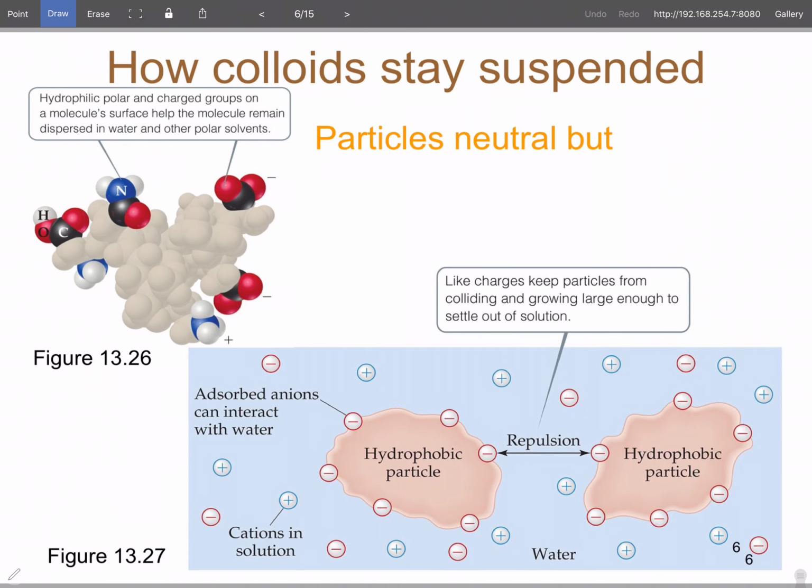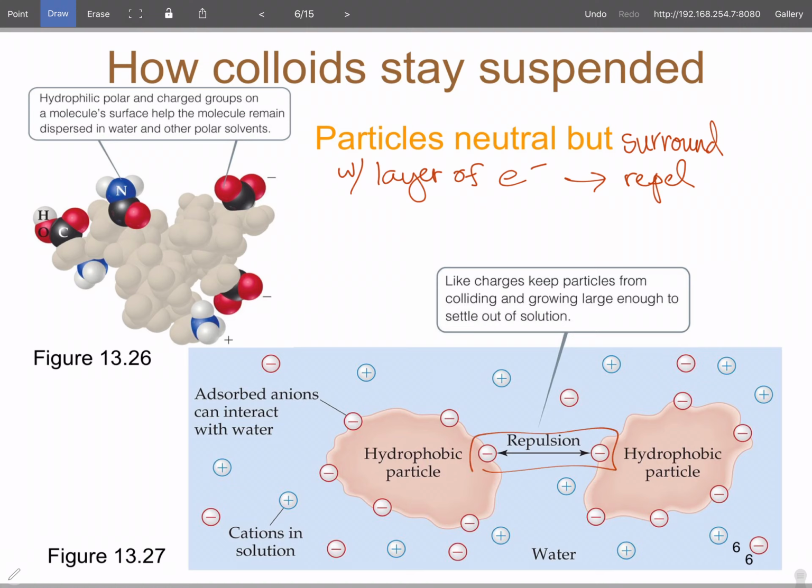Now, how do colloids stay suspended? Okay, the particles are neutral, but as they go around, they surround themselves with a layer of electrons. Now, once you get electrons on each other, they're going to repel. So if you'll notice that you have the electrons and they're going to repel.